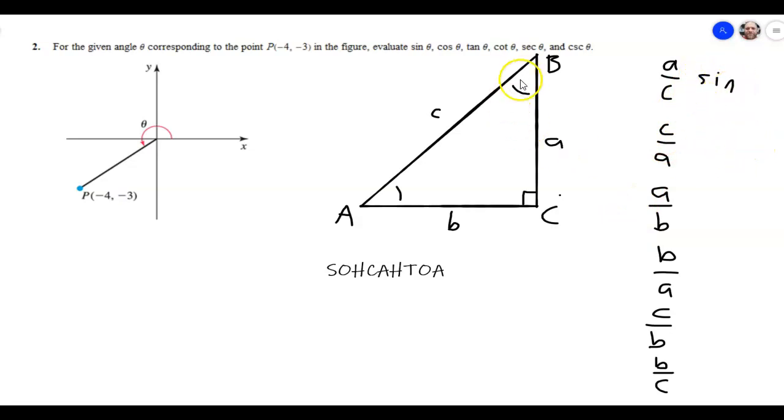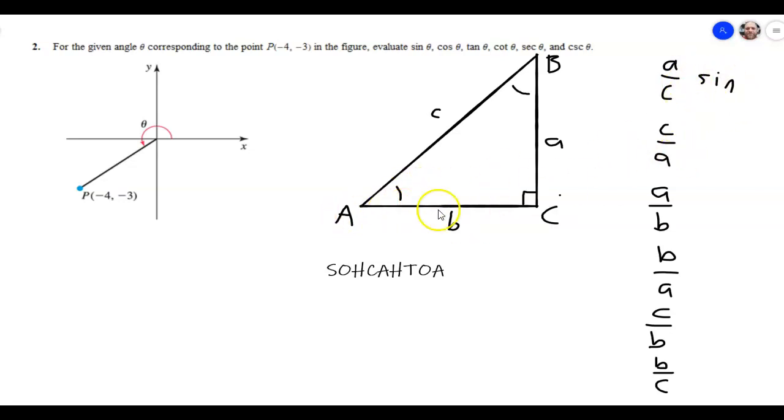Now notice if I was using the acute angle B, which I could, then the sine, opposite over hypotenuse, would be B over C. So remember, it depends on which acute angle you're using to see which one the sine is.